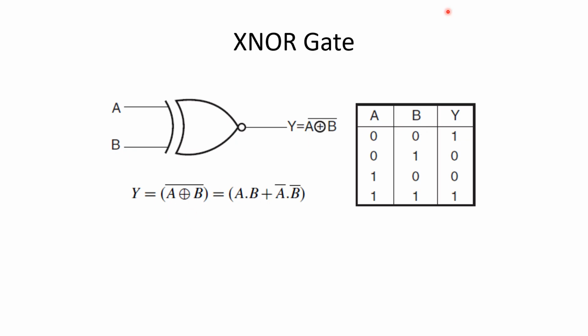The Boolean expression for a 2-input XNOR gate is y is equal to a XOR b, the whole thing with a bar over it. This can also be expressed in terms of AND, OR, and NOT operations.